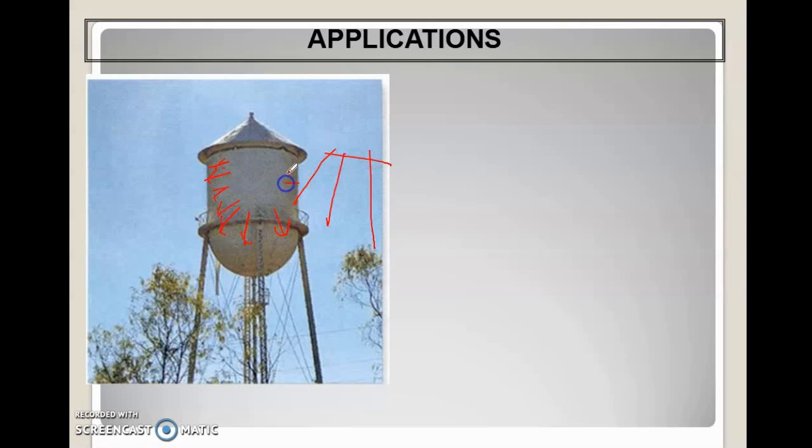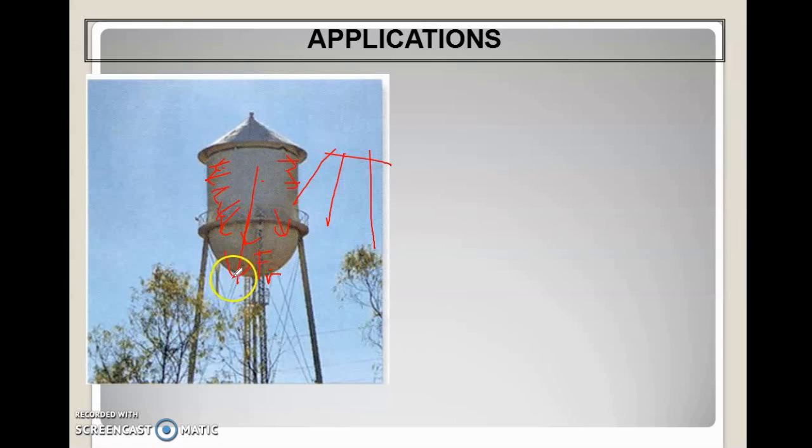If it has a distributed load like this, how do we do the analysis for the structure? Simply, we can represent the distributed load with one resultant force Fr here, like the one we already learned previously.